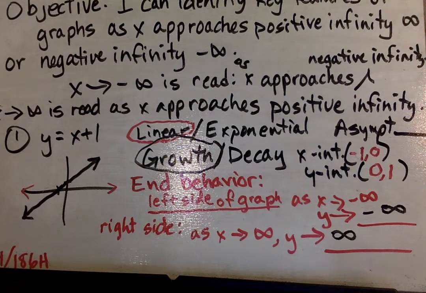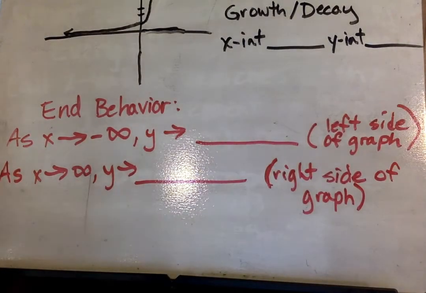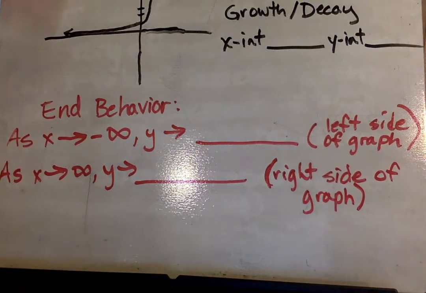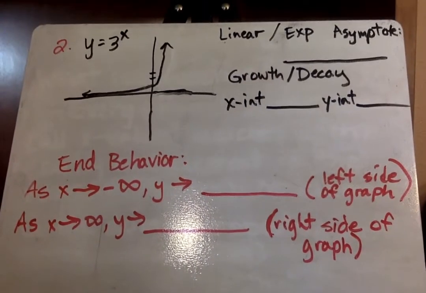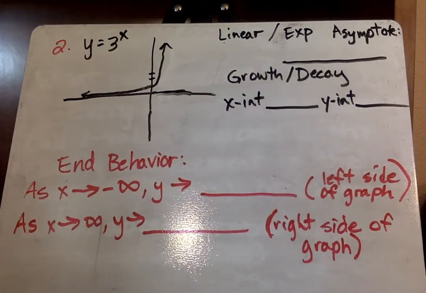Now let's go on to number 2. Here's number 2, y equals 3 to the x. Is that a linear or exponential function? Well, it's more than a straight line. If it's curving way up or curving way down, you know it's going to be exponential.